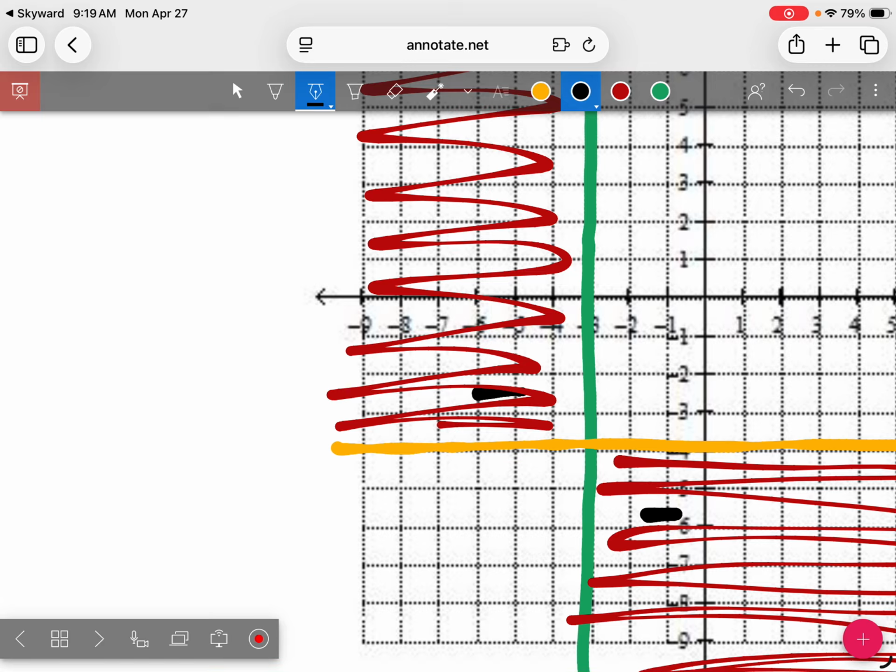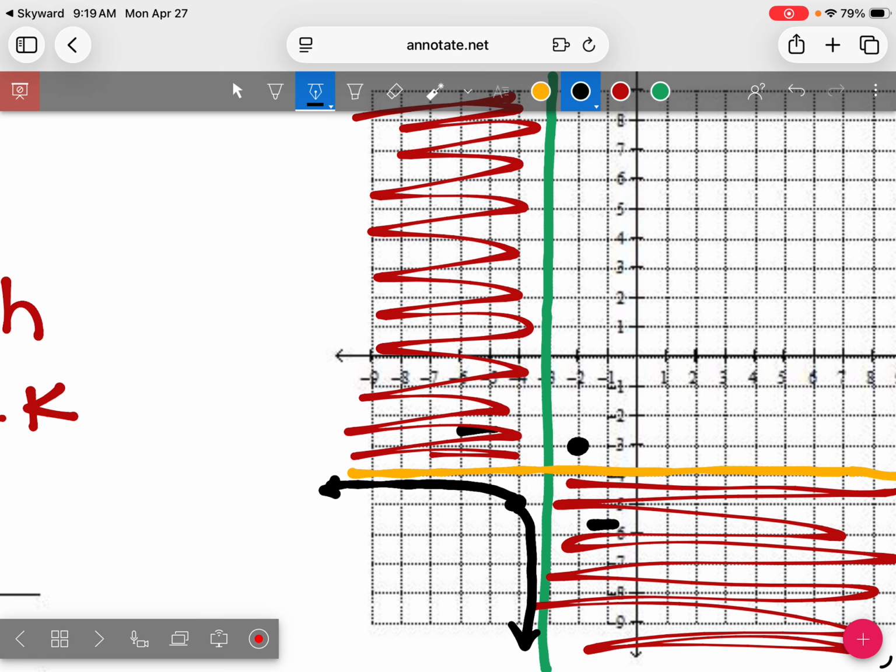That'll be my point. And then you draw your wings. Make sure when you draw them that they don't go through your two lines. So this one is coming down from the roof. It's gonna hit that point, make a slight little right, and go straight out. And that is your graph.